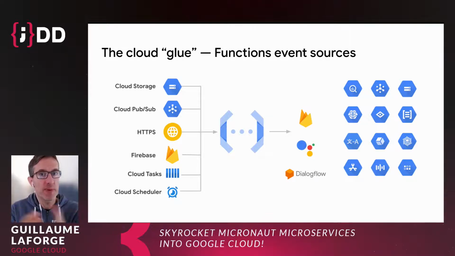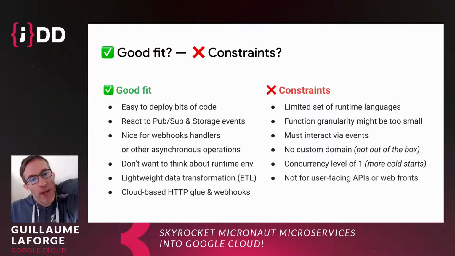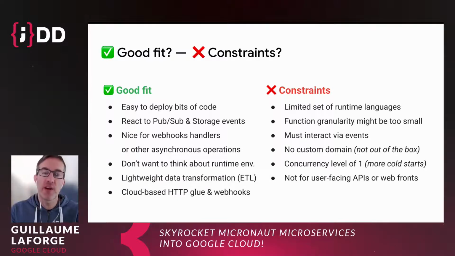It's an event, basically, that you can react to and create conversations with end users. So it's a great fit for reacting to all sorts of events, for things like webhook handlers, or more generally speaking, asynchronous operations, and you don't want to think about the underlying runtime. You've got a Java 11 runtime that you can use for lightweight data transformation and for webhooks.